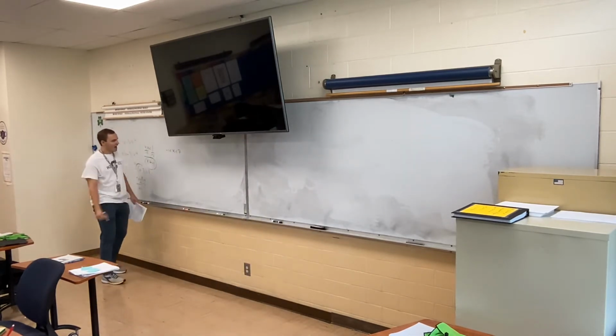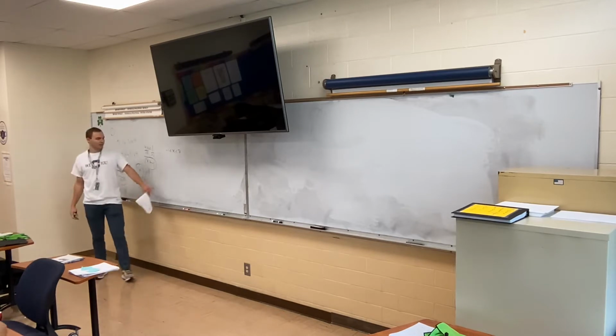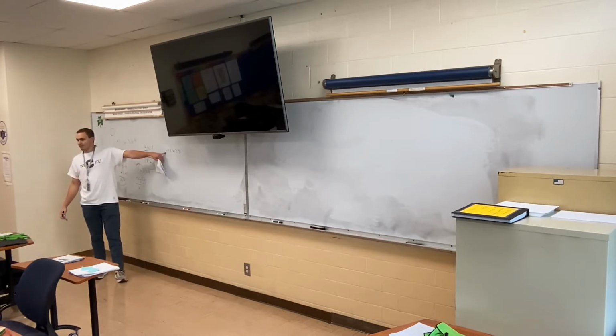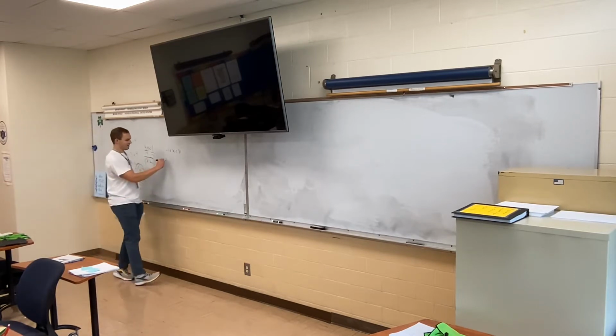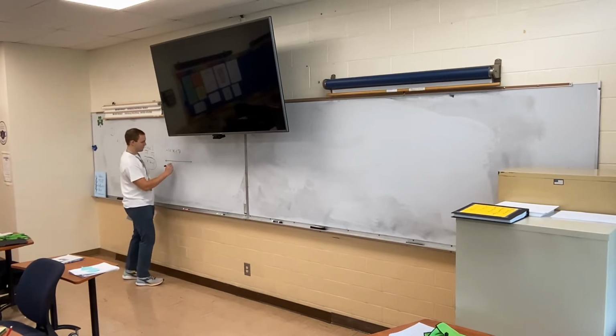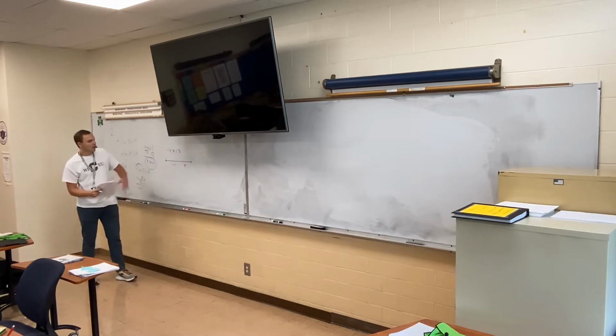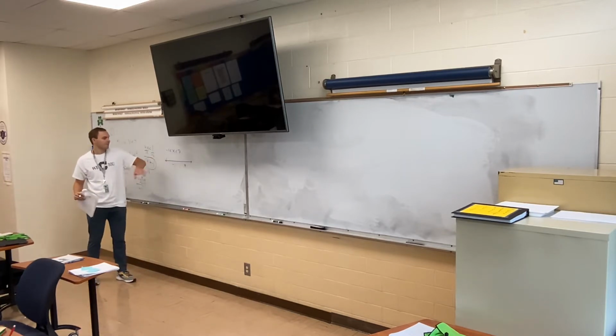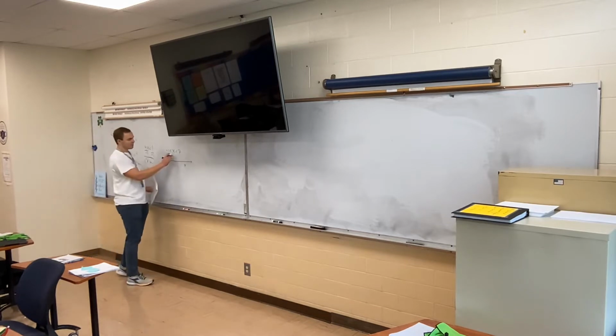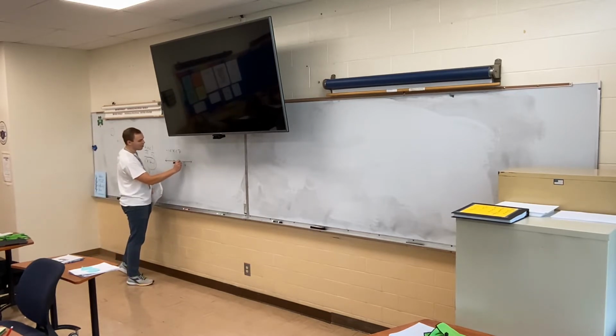Anyone know how I graph this? Abby, you know? Yeah. So I'm going to draw the number line with negative 1 and 7, and I'm going to denote them on the number line with open circles. Why do I use an open circle?